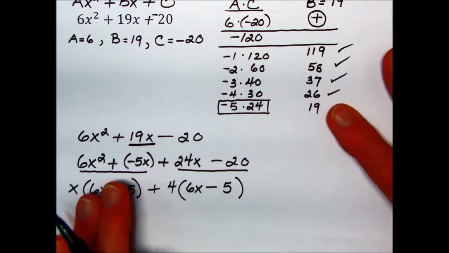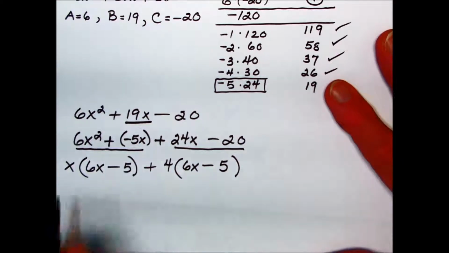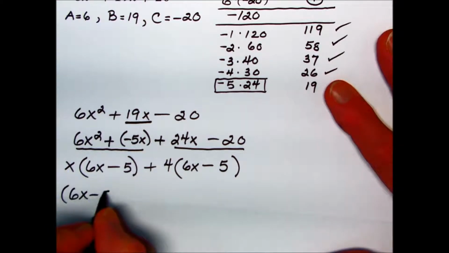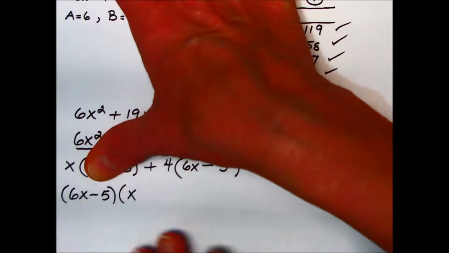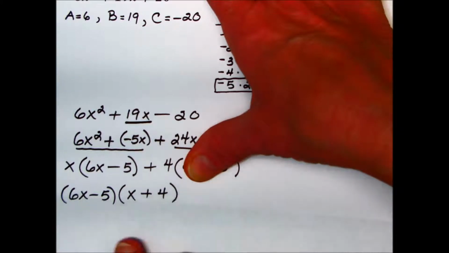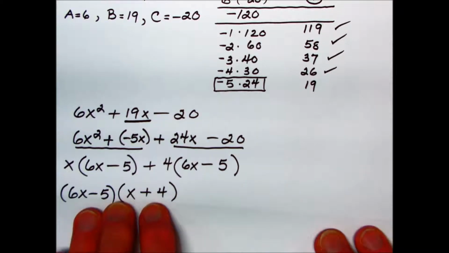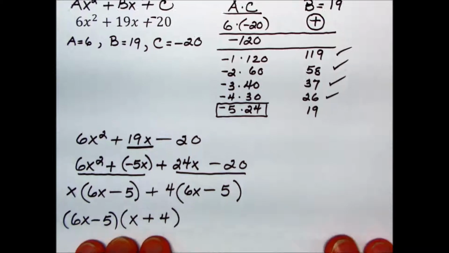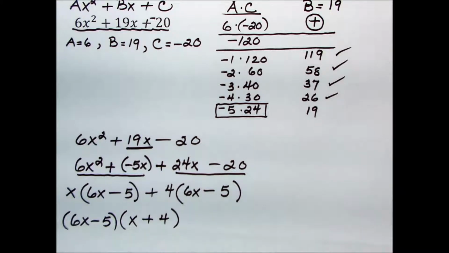And if you look, both sides have that common binomial. So we will factor out the common binomial factor, takes it out of the left, leaving an x, taking it out of the right when we factor or divide leaves the 4, and these are the two binomials that, when multiplied, gave us that polynomial that we started out with.